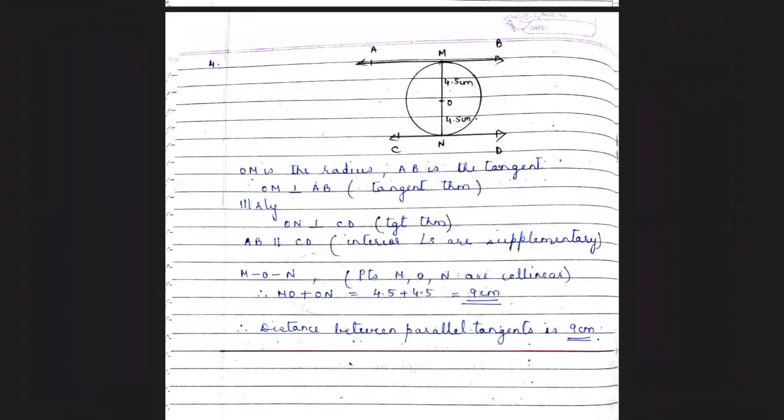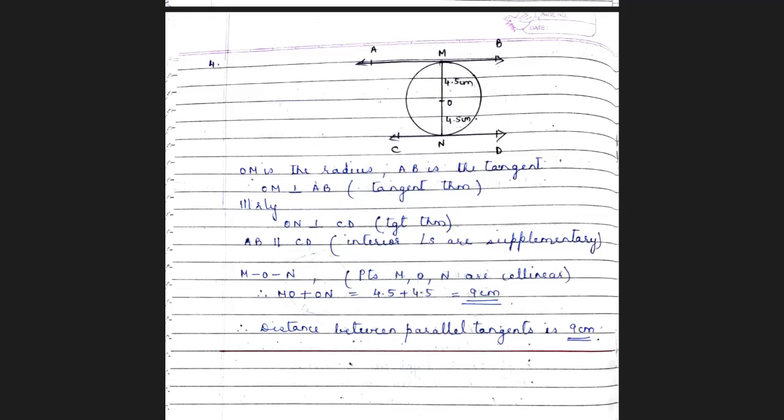Now OM is the radius, AB is the tangent. So OM perpendicular to AB, by tangent theorem. Similarly, ON perpendicular to CD, by same reason, tangent theorem. Now AB is parallel to CD because the interior angles are supplementary. Both angles OMB and angle OND are 90 degrees each. Therefore, together 180 degrees.